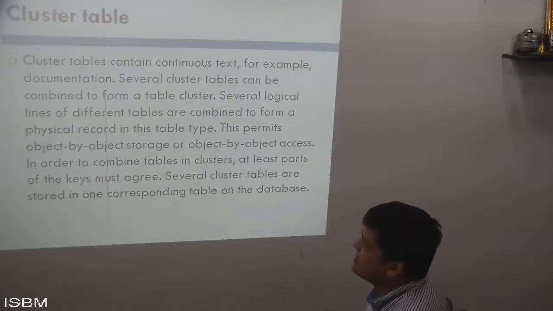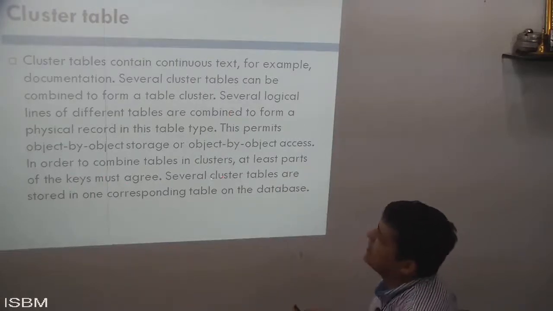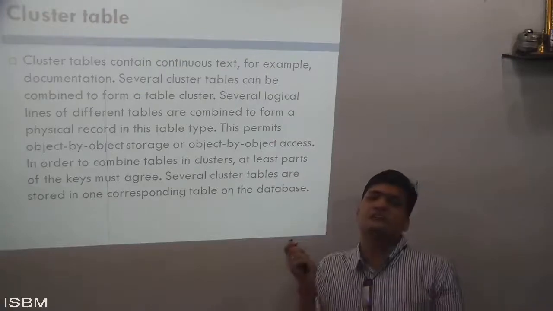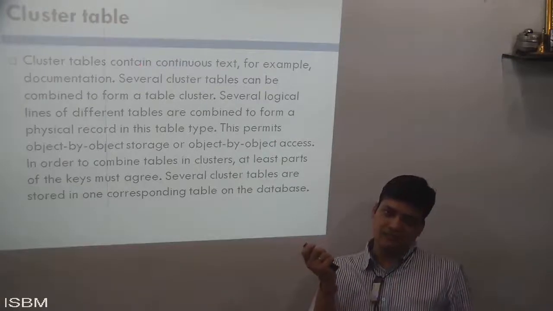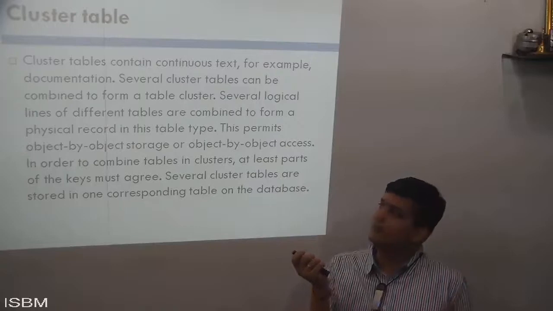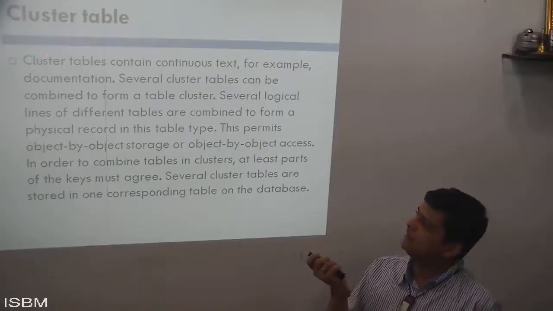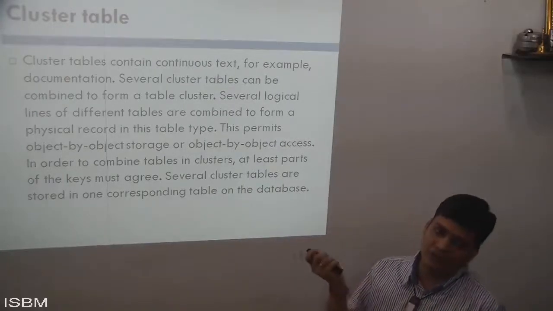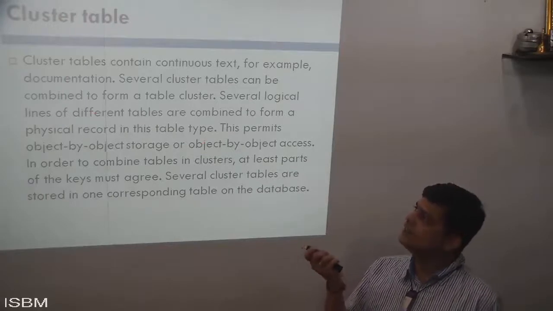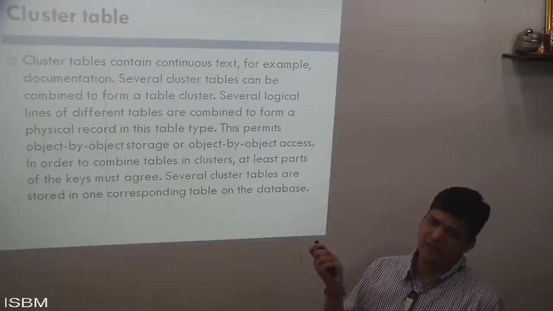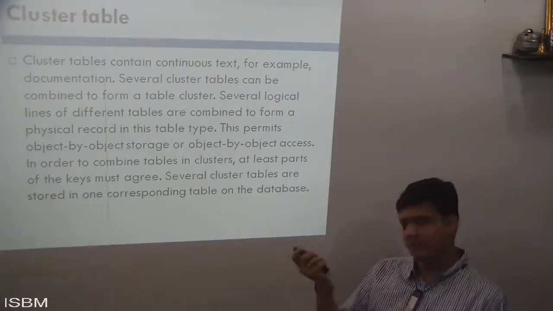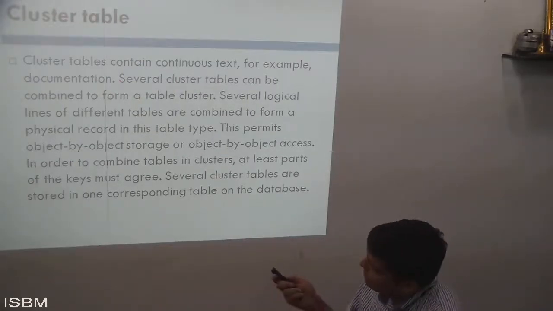Several cluster tables are stored in the corresponding table of the database. So basically we use the cluster table to store the documentation text, which is used most of the time in HR.